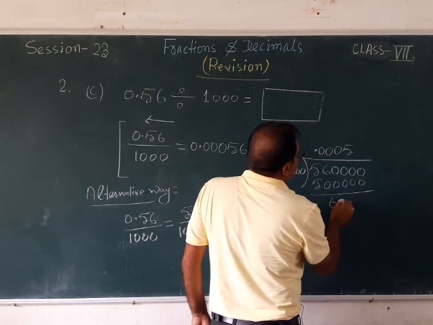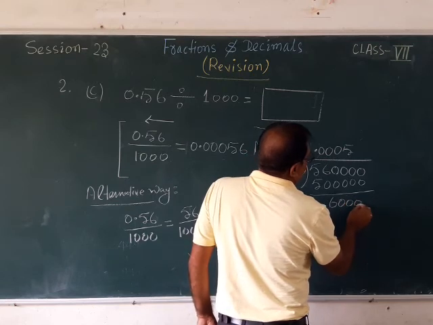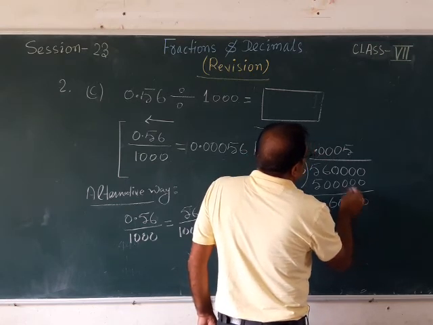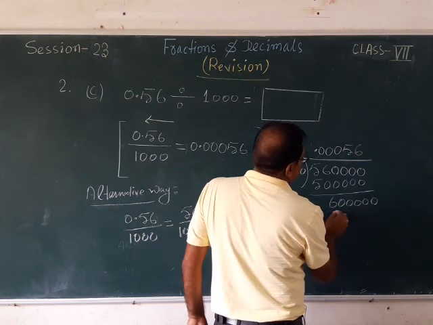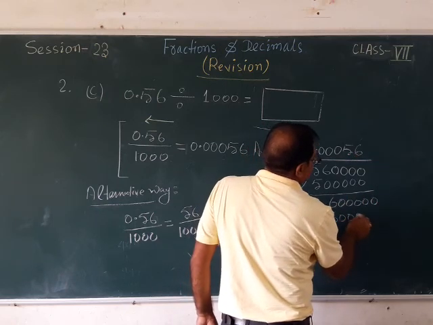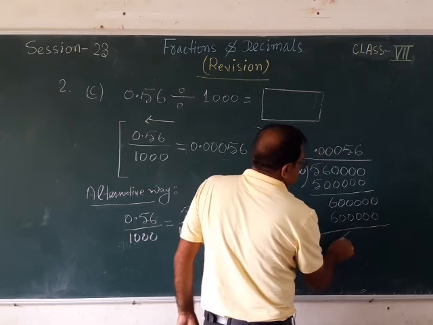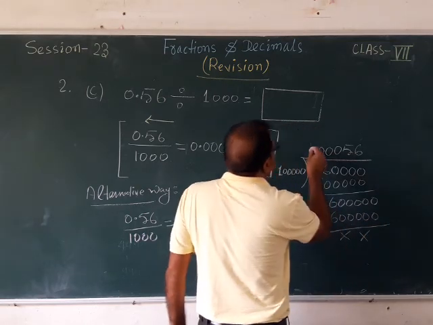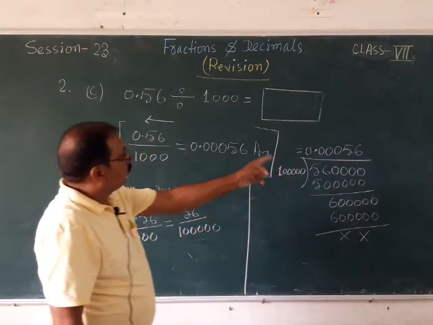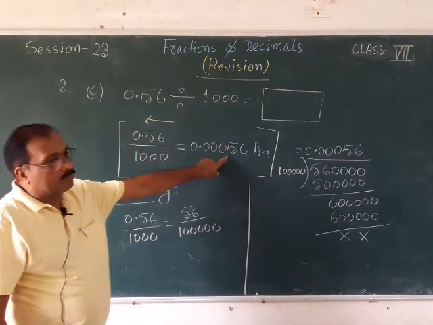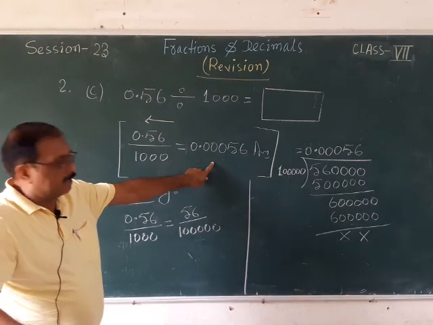Then this number is coming, 6 upon 4 zeros. Now after the point 1 zero you can take. So 6 times you can divide it. You can write the number like that. So your answer is coming 0.00056, which answer you have got already by the shortcut method also.